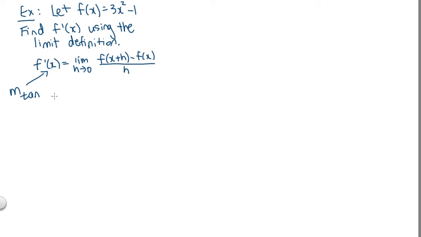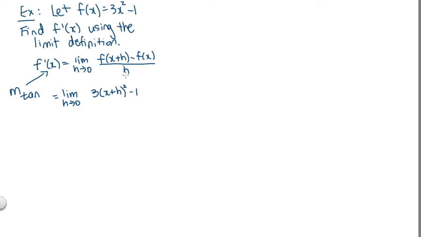Now to get started with our calculation, let's write down our limit sign again. And we'll start with the numerator here. To figure out f of x plus h, we're going to have to replace all the x's that we see here with an x plus h. So we'd have 3 times x plus h all squared minus 1.